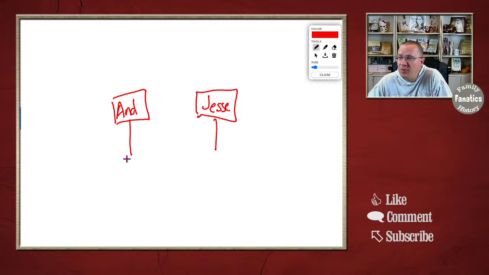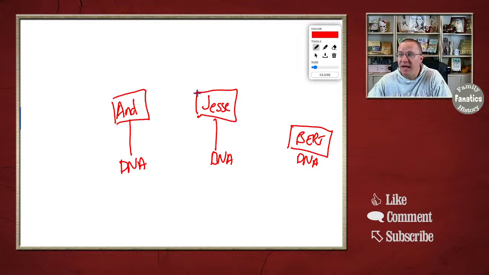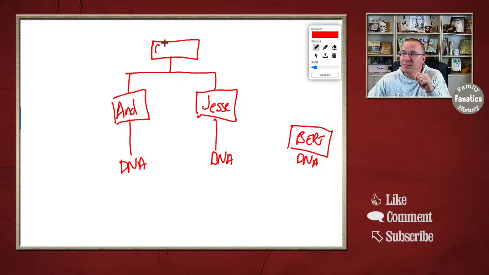And from both of those, I have some DNA. And I'm just going to put my grandfather over here, Bert, who has DNA. So both of these match him. And I know how these two are related because of their trees. And they are related through a Christina.